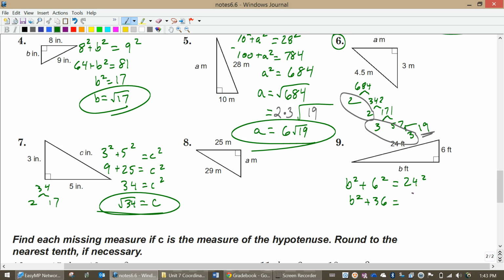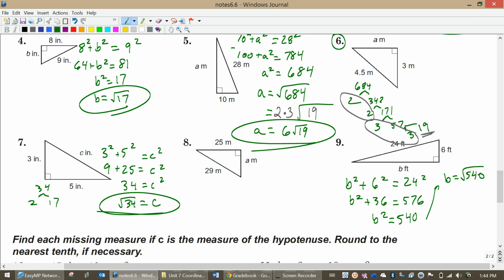Sorry, guys. What's 24 squared? 576, really? That's exciting. I'm doing 9. Square rootify it.